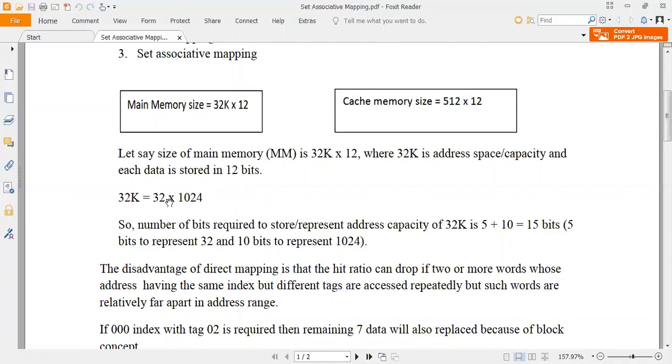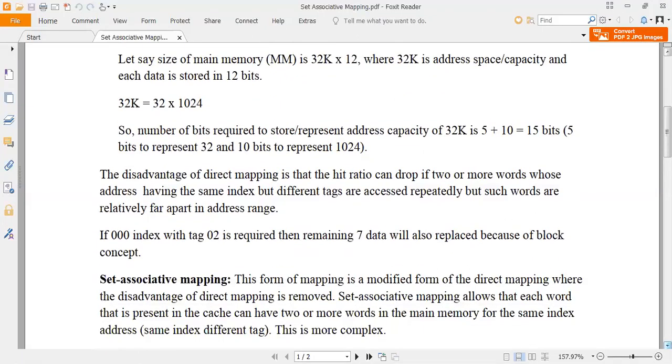Again, this is a repetitive line: 15 bits are required to represent the main memory address, that is 5 plus 10, and 9 bits are required to represent the cache memory, that is 2 to the power 9. And when the address is divided into tag and index, these 9 bits represent the index also. So let's start with set associative.